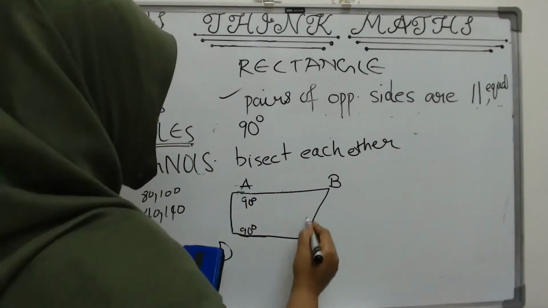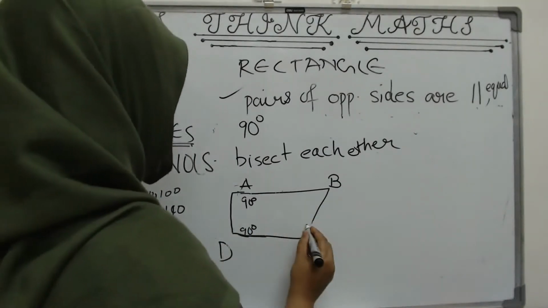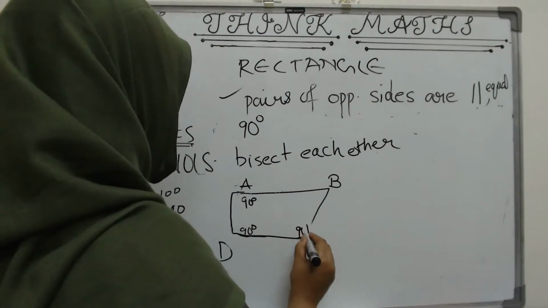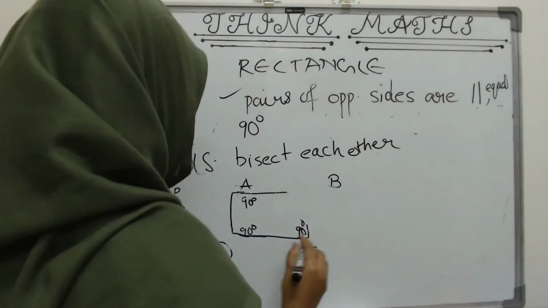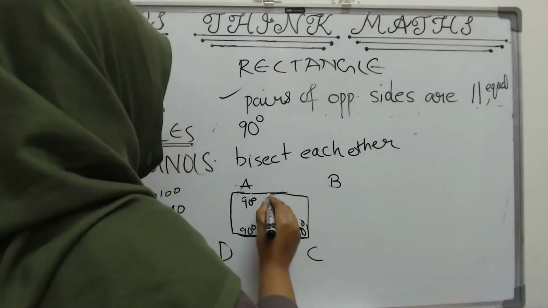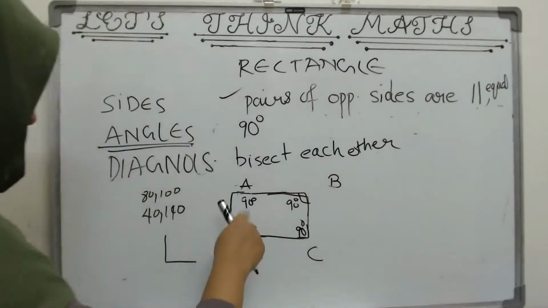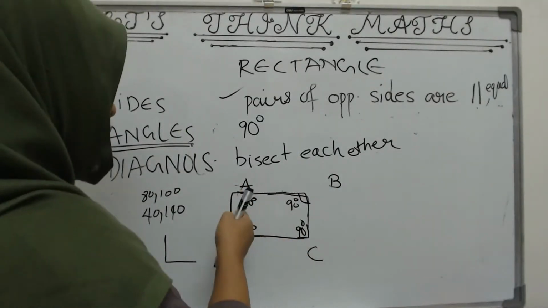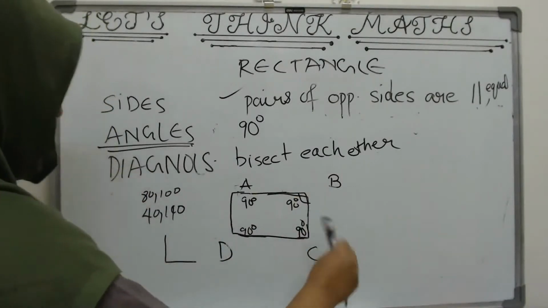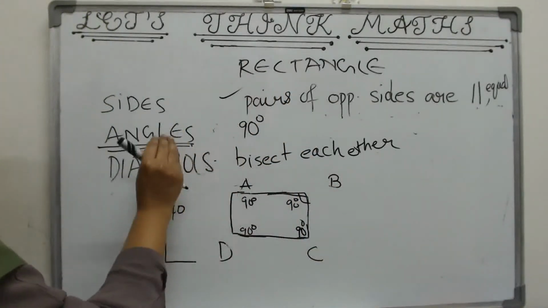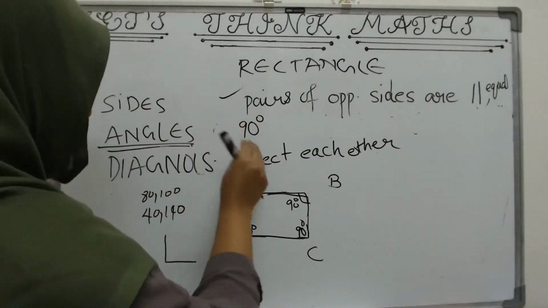Similarly, this should also be a right angle. Why is that? Any two adjacent angles add up to 180. So therefore, this should also be 90. And that means this should also be 90, because any two adjacent angles added should give 180. So if one is 90 degrees, then all the others have to be 90. That is the property of the angles of the rectangle. They all have to be 90 degrees.